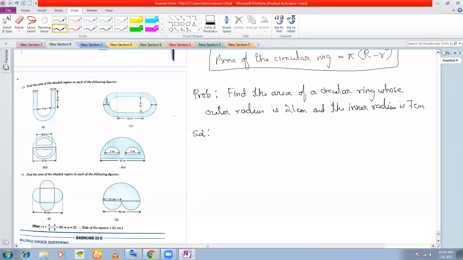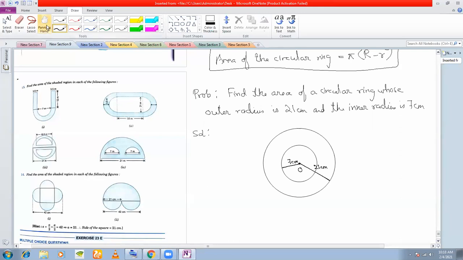Solution. Let us draw this and see how it looks. You have the center O, same for both the circles, and you have the inner radius given as 7 centimeters and the outer radius given as 21 centimeters.